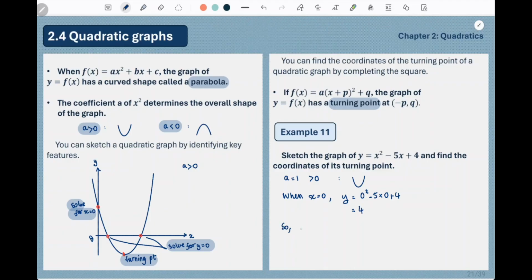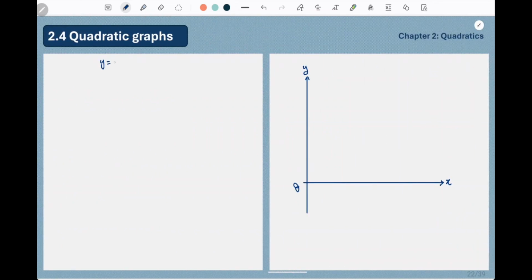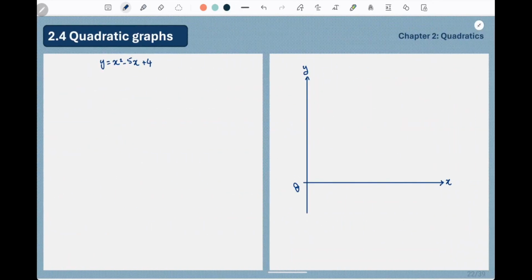So the graph crosses the y-axis at the point 0 for x and 4 for y: (0, 4). I'm going to write my equation here, x squared minus 5x plus 4, just to make sure that is correct. Okay. So now we found one thing.